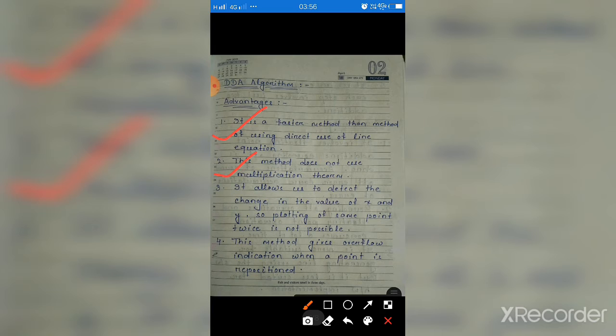It allows us to detect the change in the value of x and y, so plotting some point twice is not possible. This method gives an overflow indication when a point is repositioned.